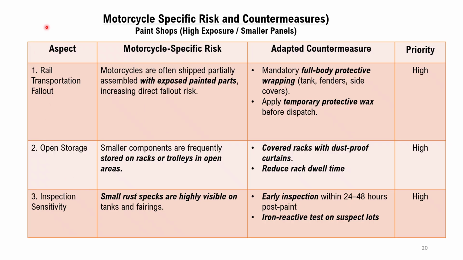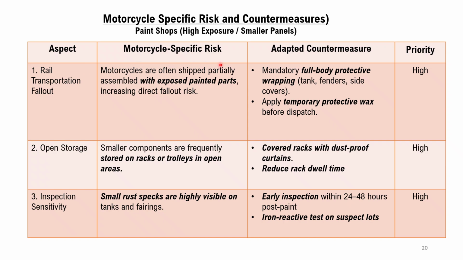Now, we have a special subject, that is motorcycle-specific risk and countermeasures. In case of rail transportation fallout, motorcycles are often shipped partially assembled with exposed painted parts, increasing direct fallout risk.